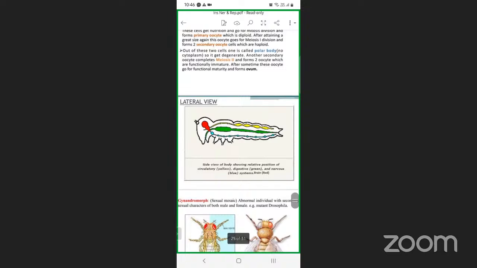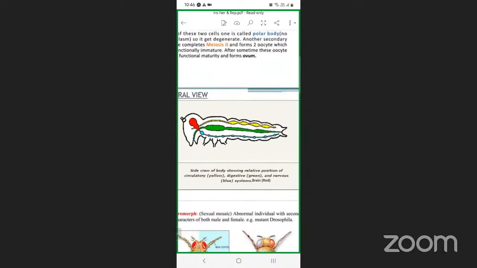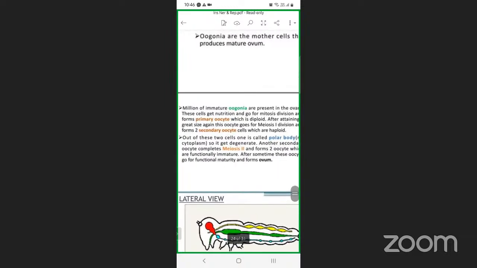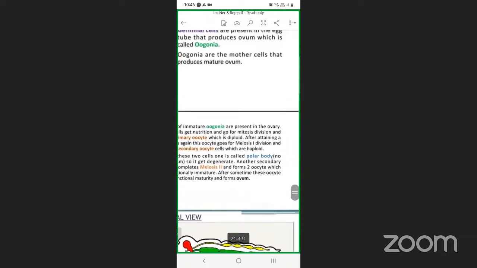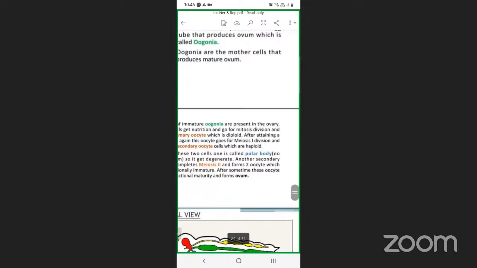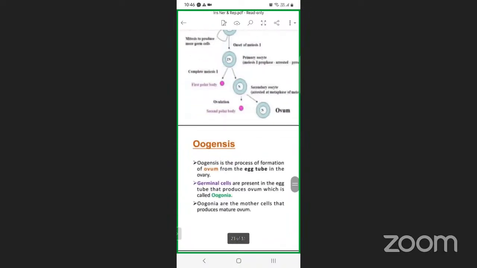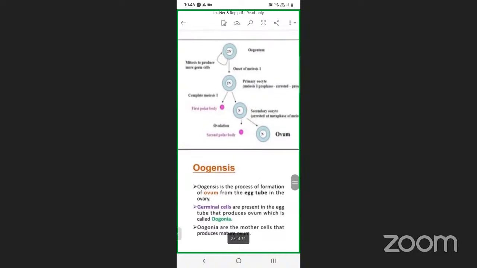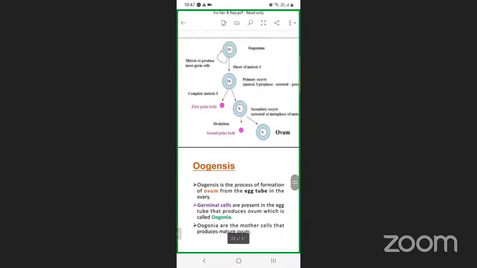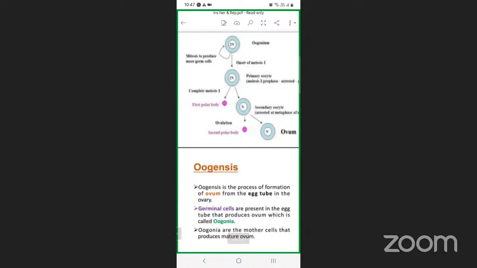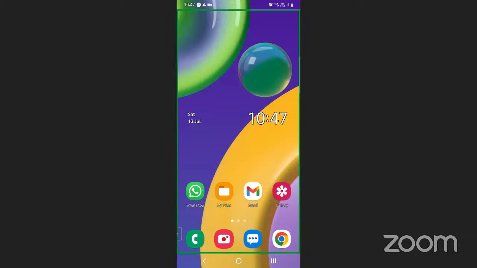Here we see all the nervous systems explained. Now coming to the oogenesis.